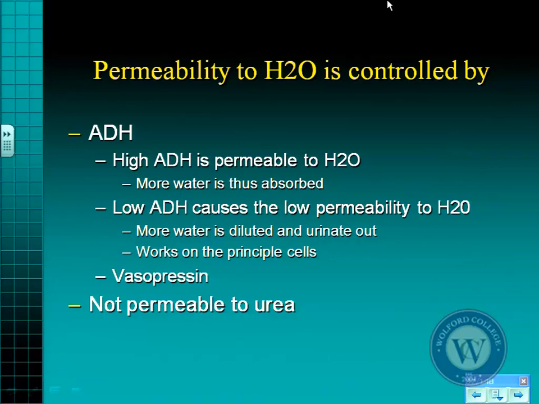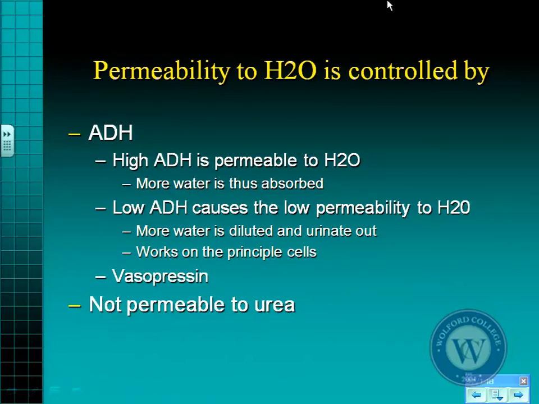That's what we call making it permeable. Big word, but instead, just think of it as a door. When you add ADH, you make the cells more permeable, which means that more water will leave the urine. Okay, if on the other hand I make the system impermeable by leaving the doors closed, then the urine will become dilute.